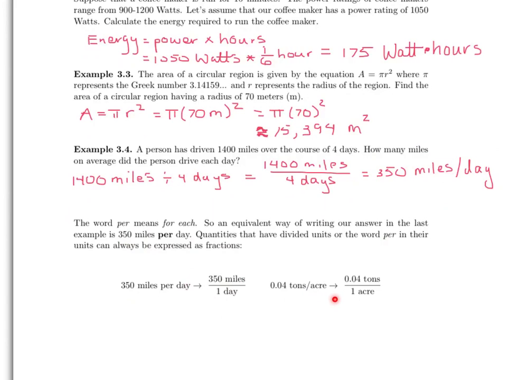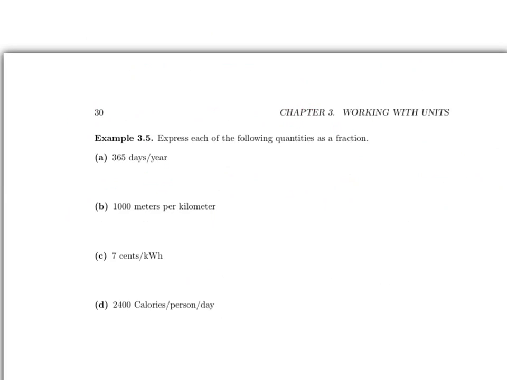In this example, 0.04 tons per acre, again, that's how you could verbally say this. This can be expressed in fractional form as 0.04 tons divided by 1 acre. Let's go ahead and look at example 3.5.